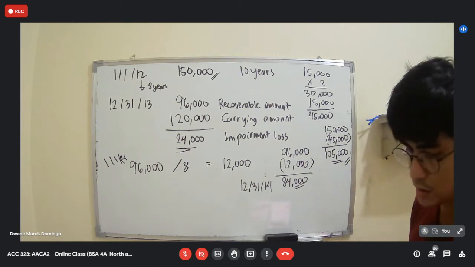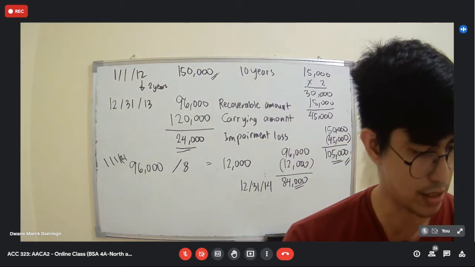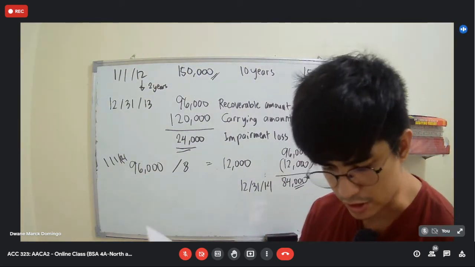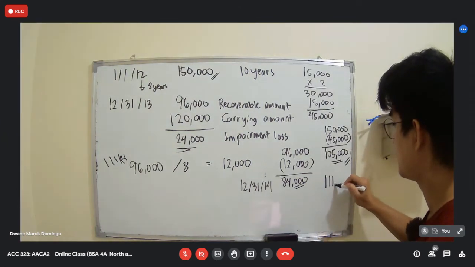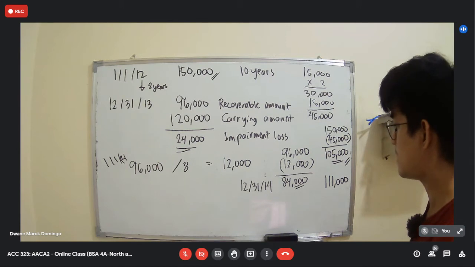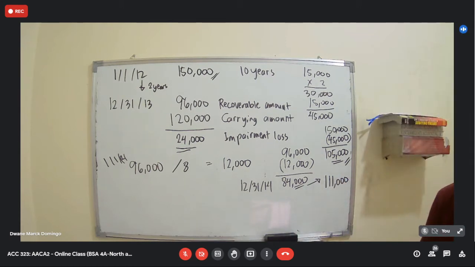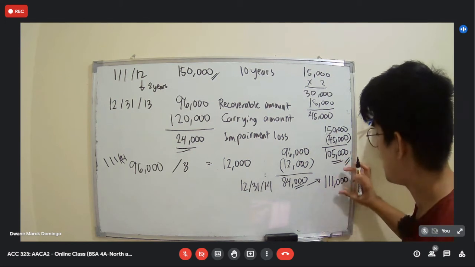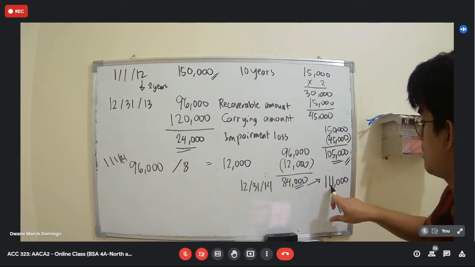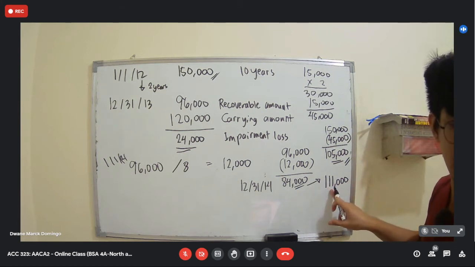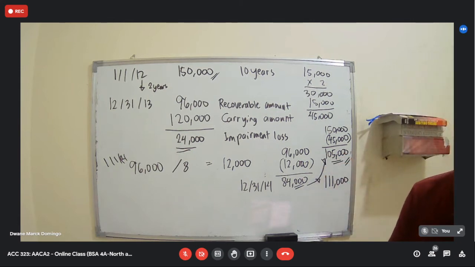Bakit? Check natin, on 2014, nagkaroon ng bagong assessment ng recoverable amount, which amounts to 111,000. So 111,000. Ibig sabihin, from 84,000, mag-i-increase dapat yan. Mag-i-increase or ibabalik natin siya, i-recover natin impairment. So ang mangyari, imbis na up to 111,000, dapat ang limit natin is hanggang 105,000 lang.